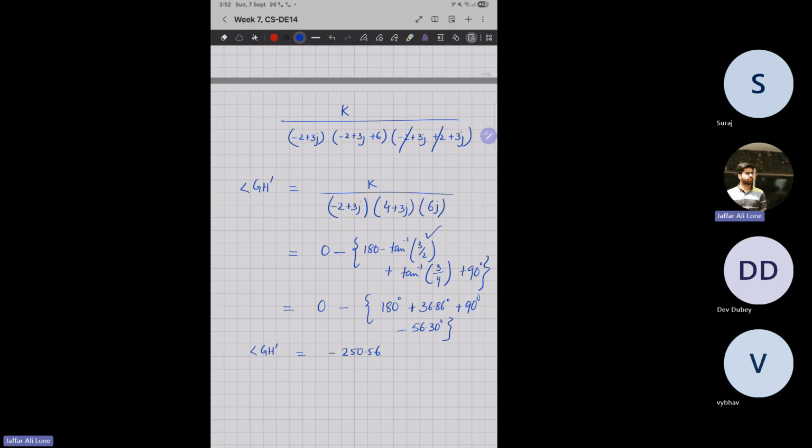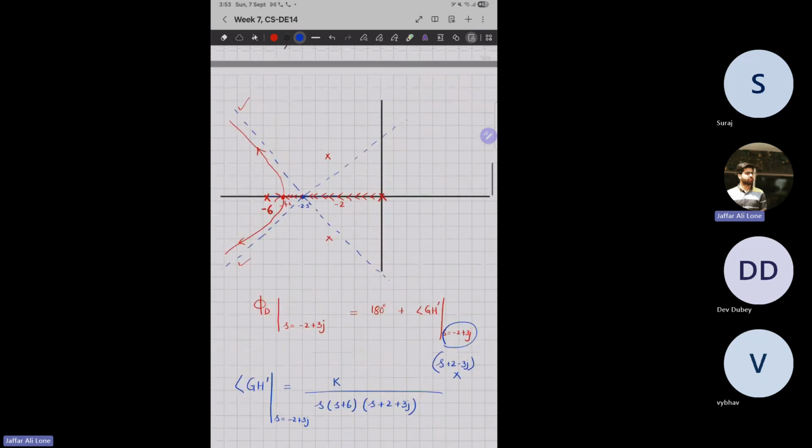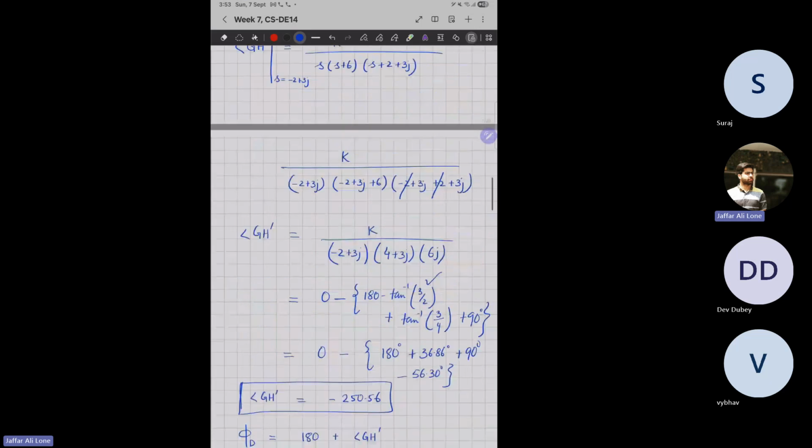Now, this is my angle of GH dash. How do we find the angle of departure? My angle of departure will be 180 plus the angle of GH dash, which is 180 minus 250.56, which is minus 70.56.